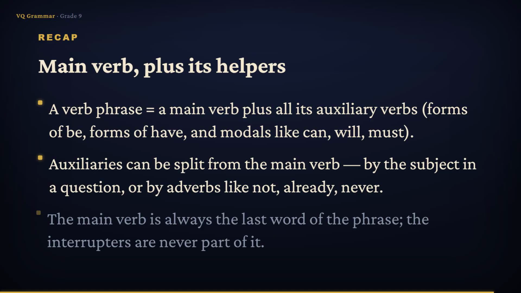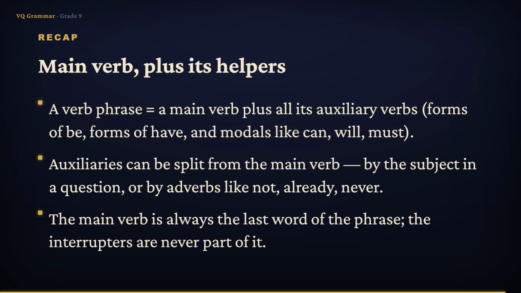The subject can split them in a question, and adverbs like not, already, and never can slip into the middle. And third, no matter how the words are scattered, the main verb is always the last word of the phrase, and the interrupters are never part of it. Nail those three ideas, and you can find the verb phrase in any sentence.